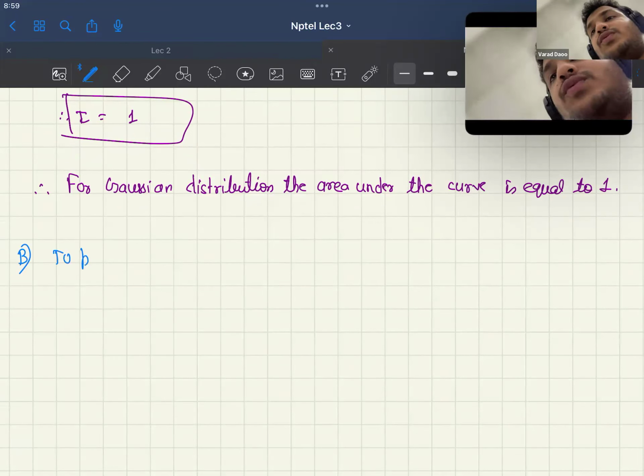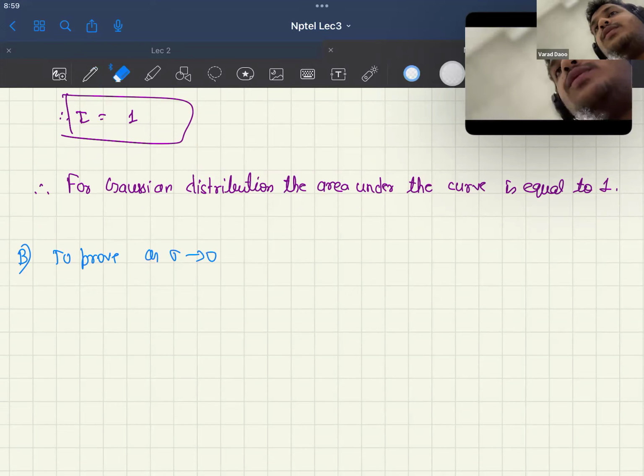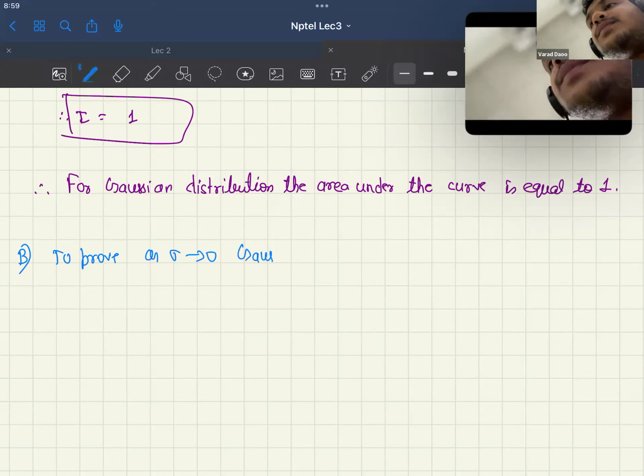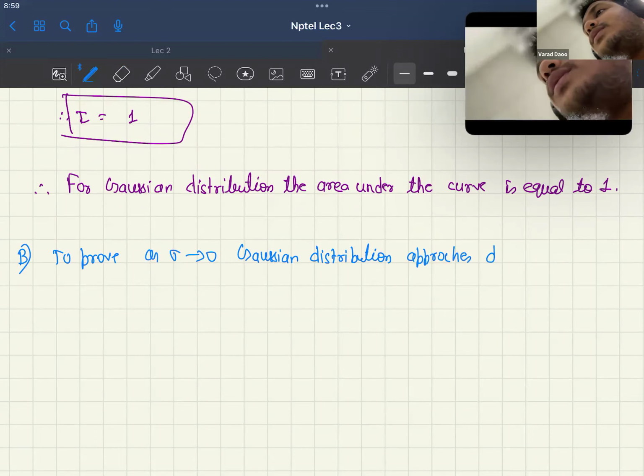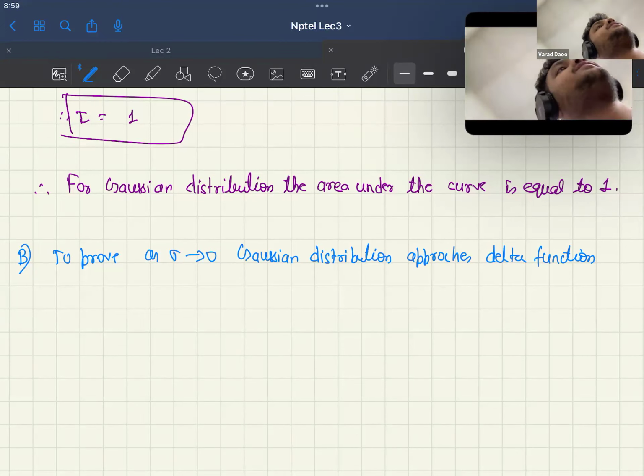To prove: as sigma tends to 0, the Gaussian distribution approaches the delta function. Okay, so now how will we do it?